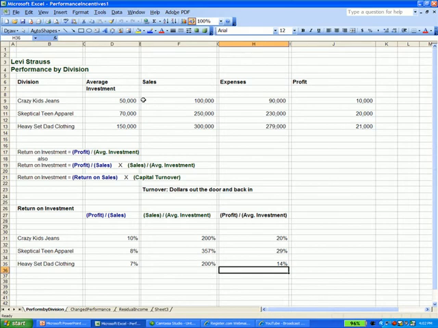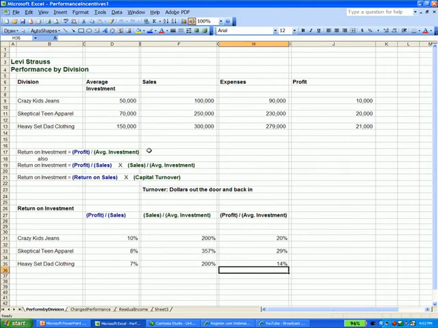They made an investment of $50,000 in a business that generated $100,000 in sales and a profit of $10,000. Skeptical Teen Apparel, same thing: $70,000 investment, $250,000 sales, $20,000 profit. And Heavyset Dad Clothing: investment, sales, and profit.